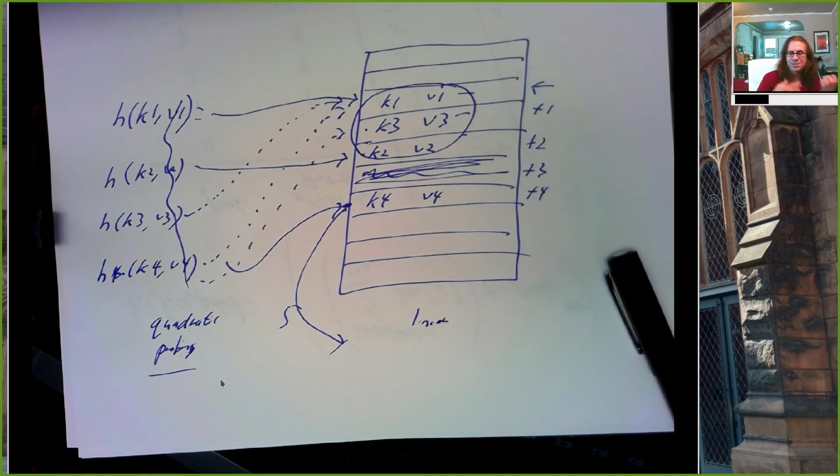But if your table starts to get very full, this will increase. So if half your table was full, then it might be order 2, which is still order 1. It doesn't really get up to order n until this table is really, really kind of pathologically full.